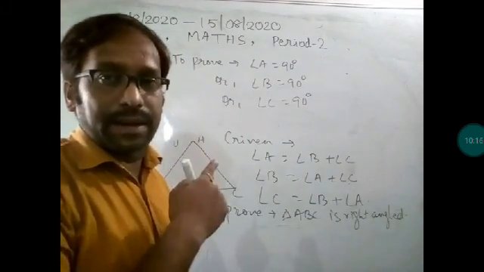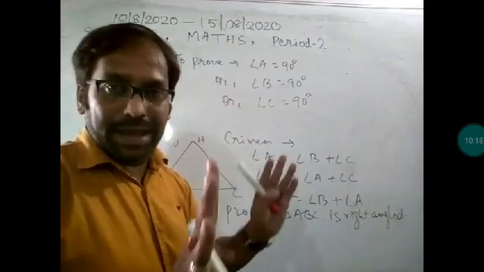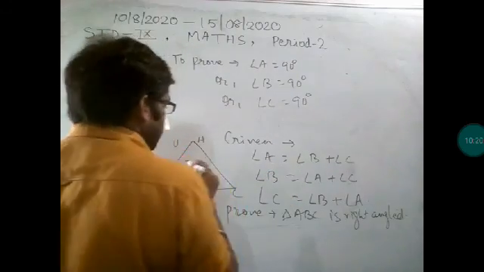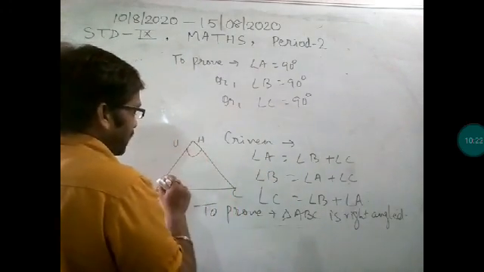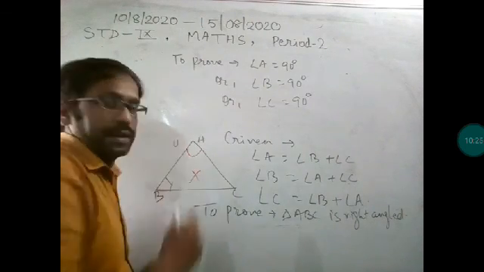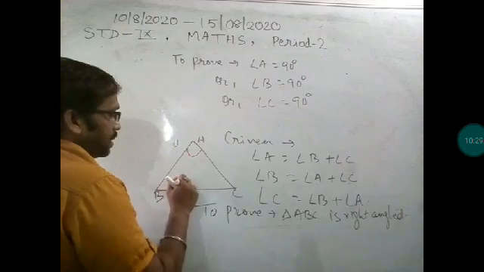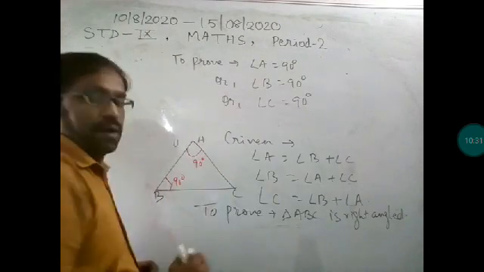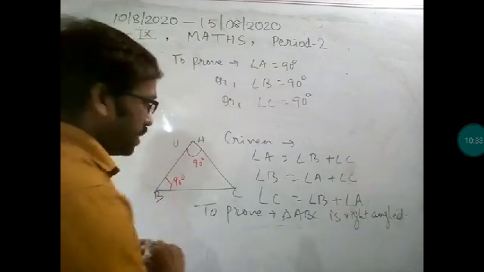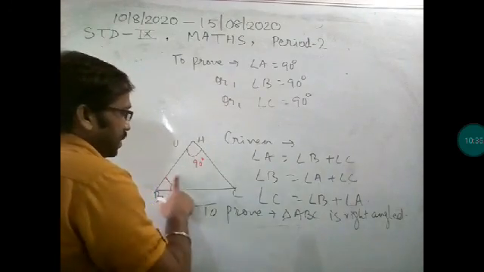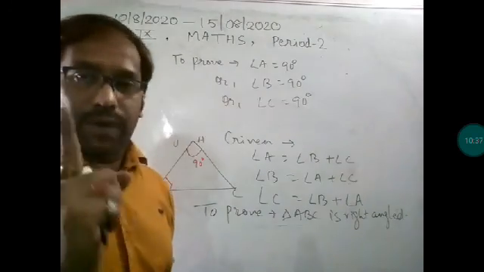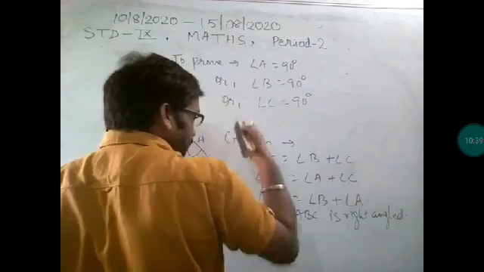A triangle cannot have two right angles. That can never be possible. I have explained: if two angles become 180, then the third angle will not exist. So we have to prove that.